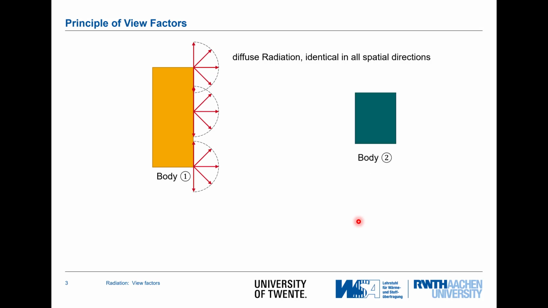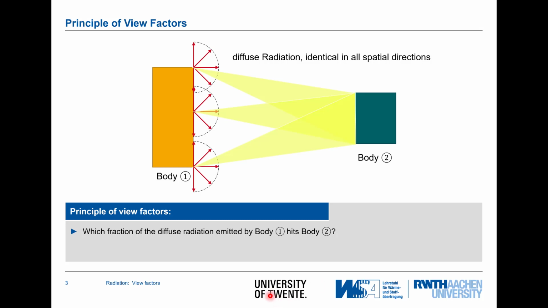Now this hits another object, body 2, and we just look at these 3 points, and of course then we can try to calculate which fraction of the radiation emitted by body 1 really hits body 2, and the rest just goes somewhere else.